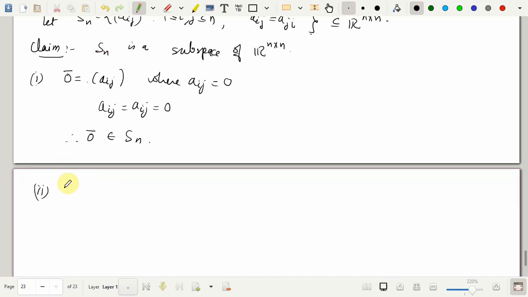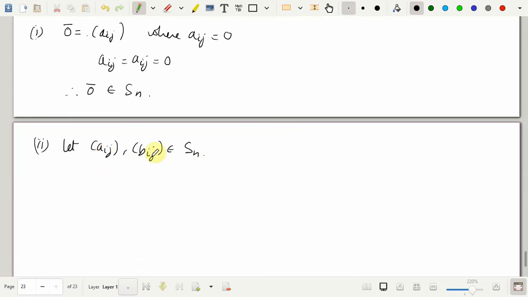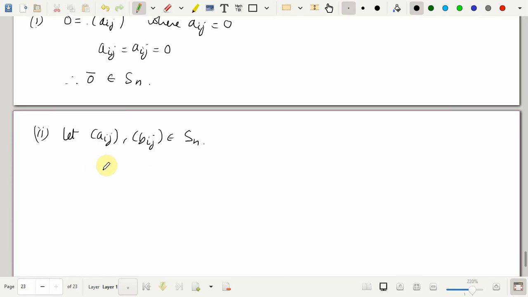So let's say Aij and Bij are elements of Sn, which means that Aij and Bij are symmetric. I am not going to waste my time showing that for symmetric matrices the transpose of A plus B is nothing but A transpose plus B transpose, which means that A plus B is also symmetric.